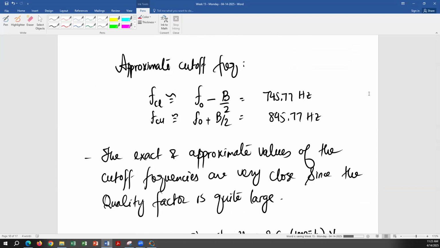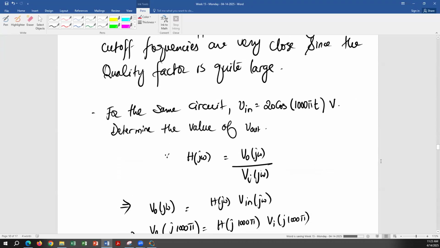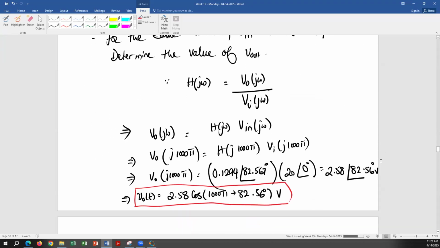But now this circuit is operating below cutoff frequency at 500 hertz, and that's why the magnitude of the output is even smaller, only 2 point something volt. It is operating in the stop band, so even though we do not want this magnitude to pass through the circuit, it is still passing to the output. 2.58 is the output. In the ideal case, we want this to be 0 at 500 hertz.